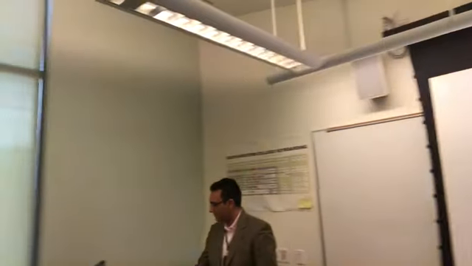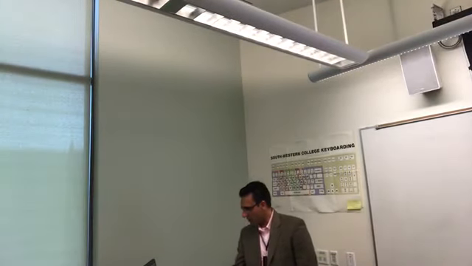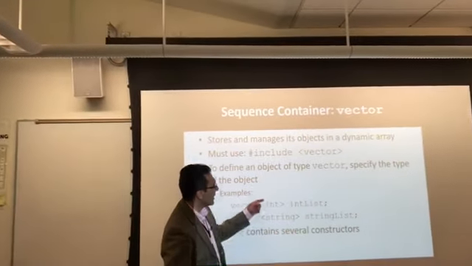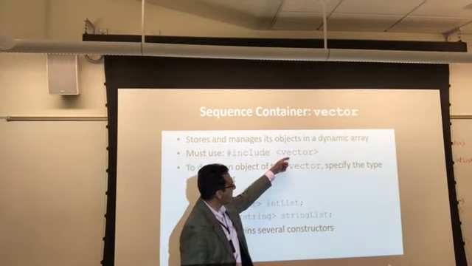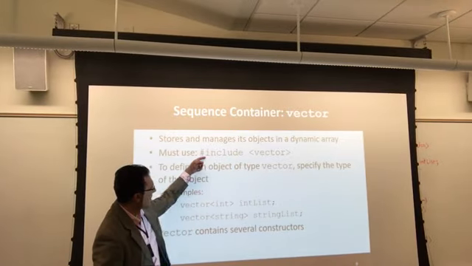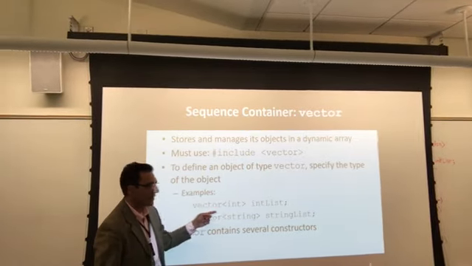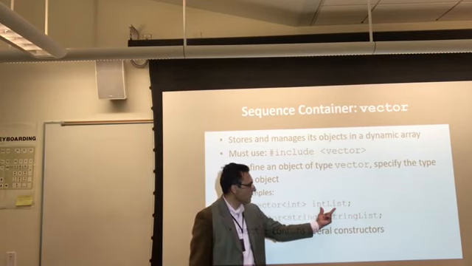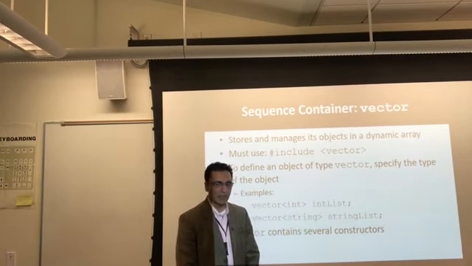And as I indicated, if you want to declare your vector, you will be including that library, and you can simply declare the vector type, what type of data I want to create. This will be the name of your variable, as I indicated on the board.